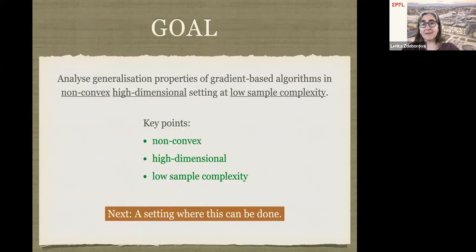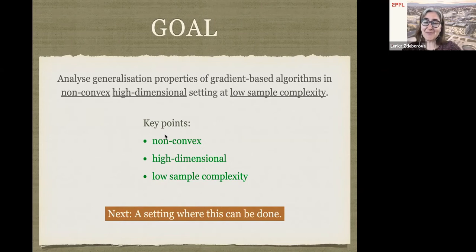That leads me to a goal that one could set for oneself, which is to analyze generalization properties of gradient-based algorithms in settings that are non-convex, high-dimensional, and where the sample complexity is as low as possible. The non-convexity, the high dimensionality and the low sample complexity are really the key points here.